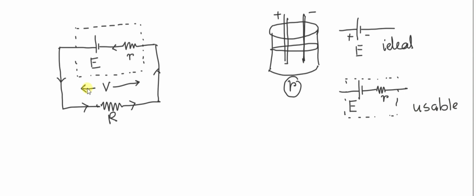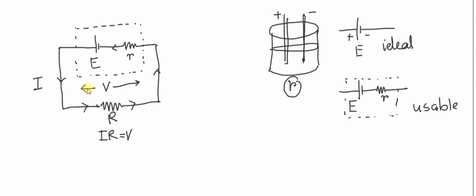Now if I want to find the potential drop across this external resistance, that is obviously capital I into R according to Ohm's law. And this IR is equal to the potential drop across the two ends of the electrolytic cell, so V equals IR.